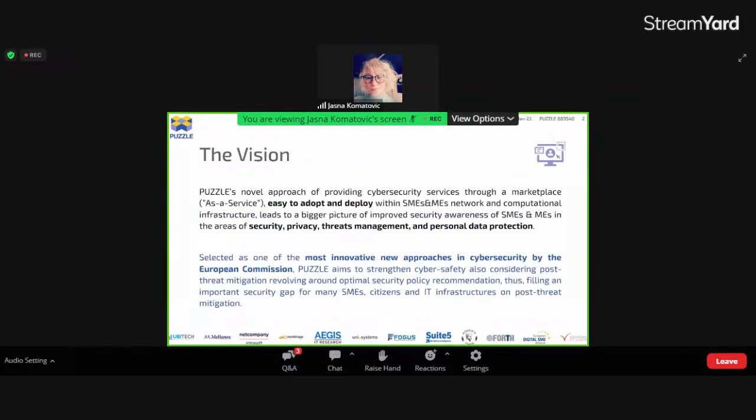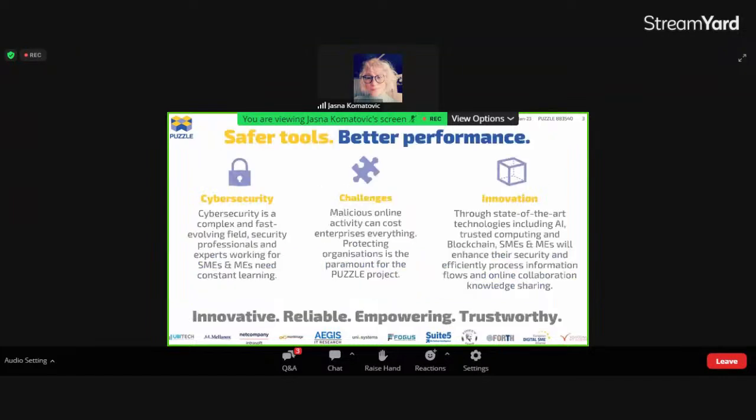It was selected as one of the most innovative new approaches in cybersecurity by the European Commission a few years ago. The project aims to strengthen cyber safety, also considering post-threat mitigation, revolving around optimal security policy recommendation, and filling an important security gap for many SMEs, but also citizens, on post-threat mitigation.